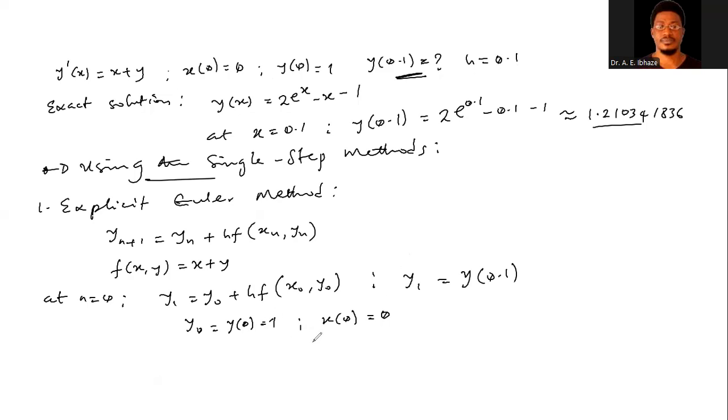Okay. Now that we have this is the same as S0, our next update will be Y1 being the same as Y0, and we already know what Y0 is, which is 1, plus h of f of S0, Y0.